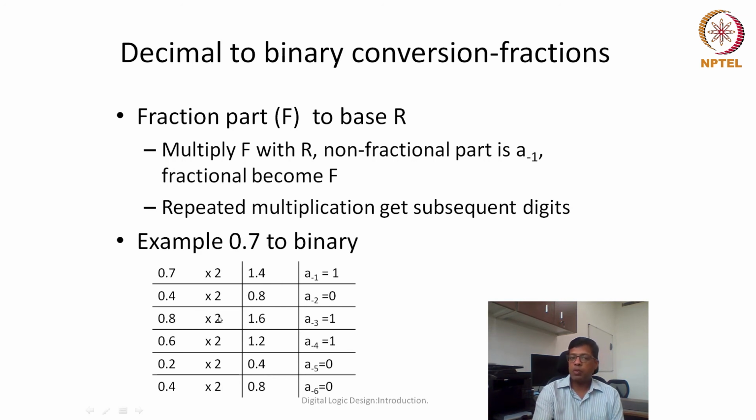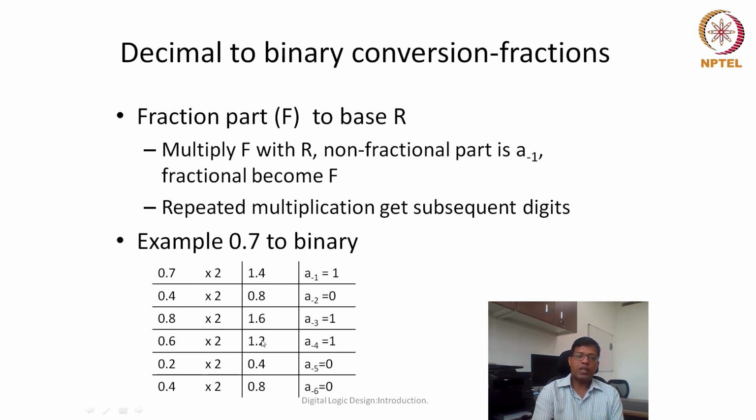0.8 would again be multiplied by 2, and it becomes 1.6. Because it is 1.6, the fractional part is 0.6 and the integer part is 1, so a minus 3 is 1. Again we take the fractional part, 0.6, multiplied by 2, that becomes 1.2. Here the fractional part is 0.2 and the non-fractional part is 1, so a minus 4 is 1.